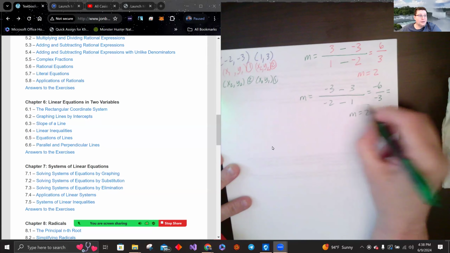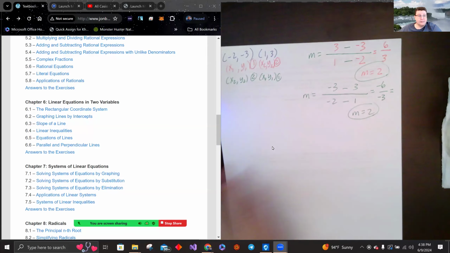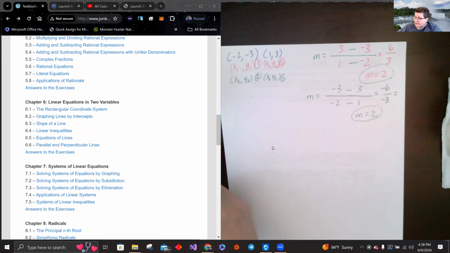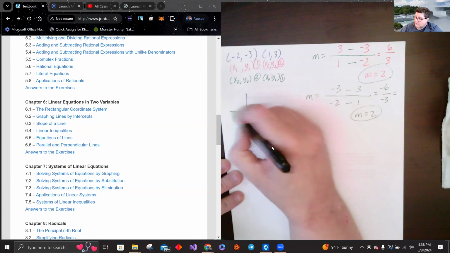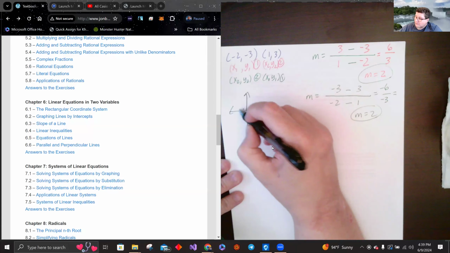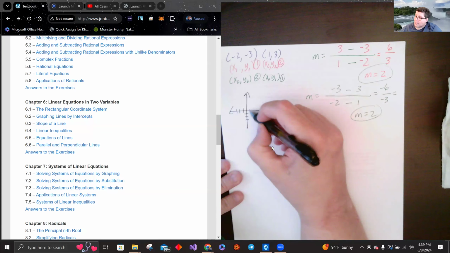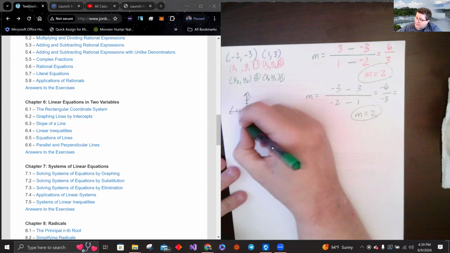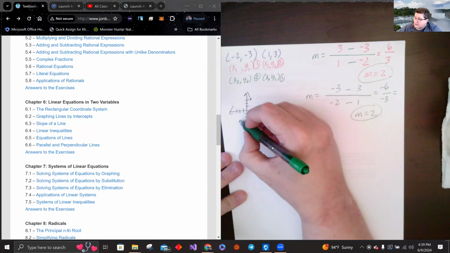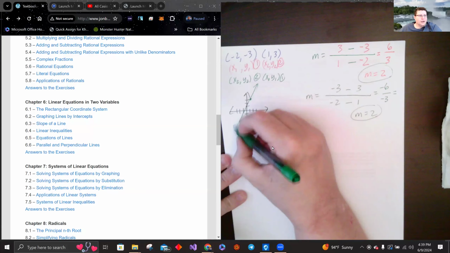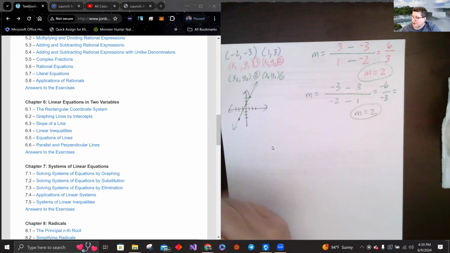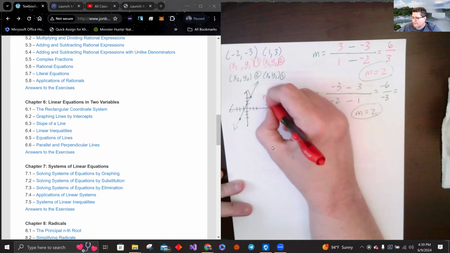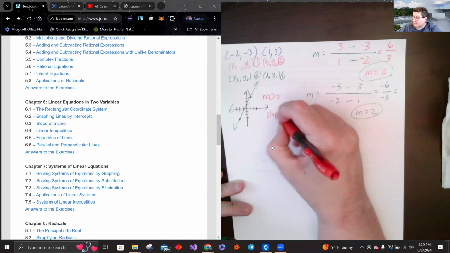That's what I mean by it's good either way. If you were to plot these, -2, -3 is down there, 1, 3 is up there. You will find slopes that go upwards from left to right. M is greater than 0 if the slope rises from left to right.